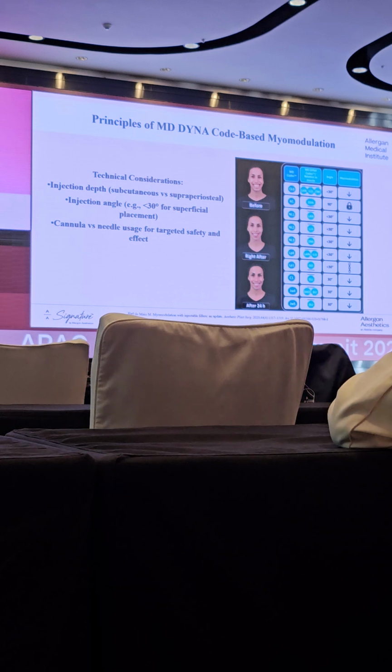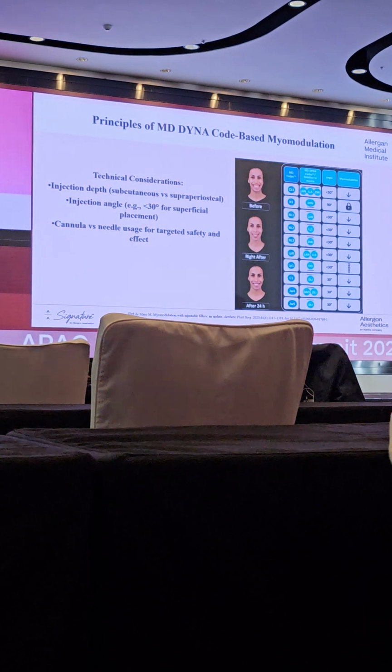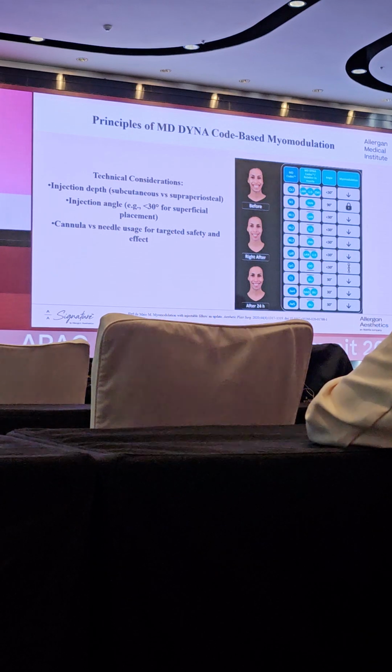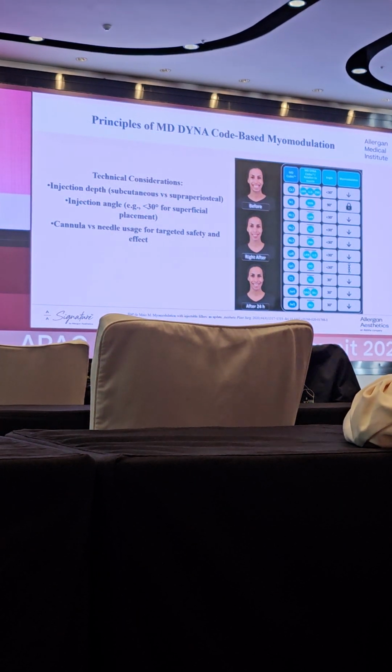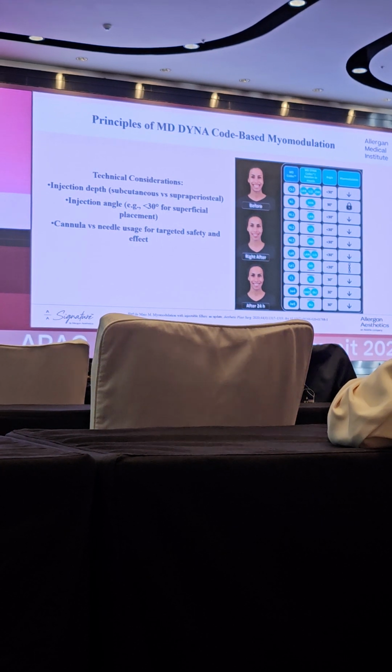It could be subcutaneous or supraperiosteal. Injection angle could be less than 30 degrees, as I said, and go almost to 90 degrees. And we can use cannula or needle depending on which area we are injecting, whether we are close to some important vessel or not. So these are some of the muscles which are impacted when we do a specific area.